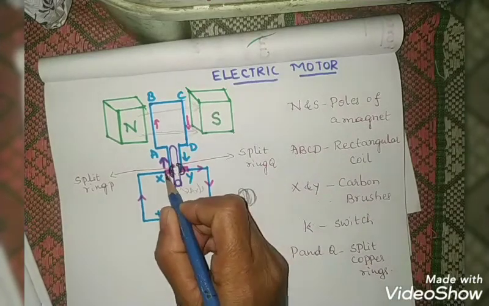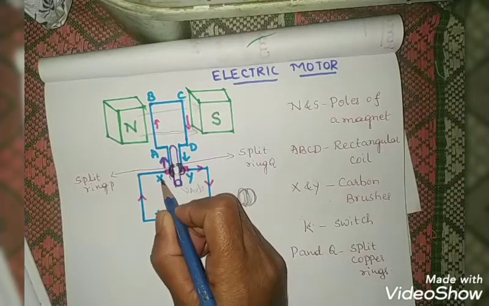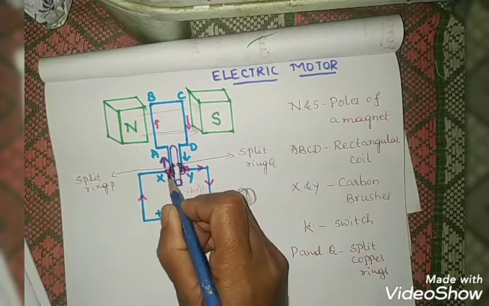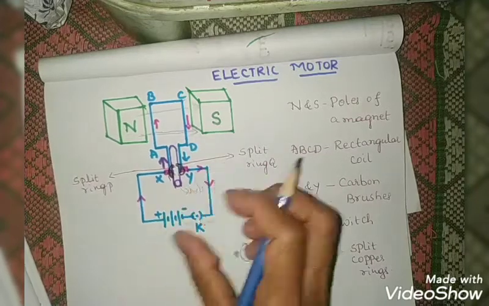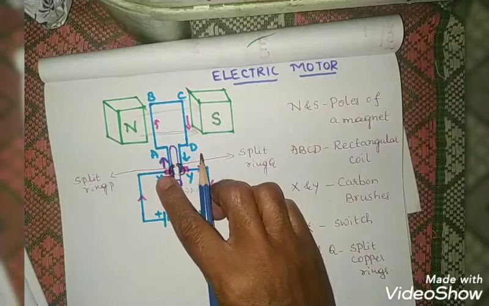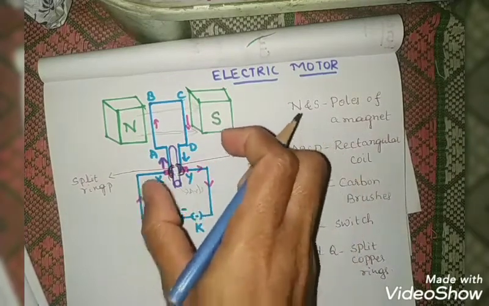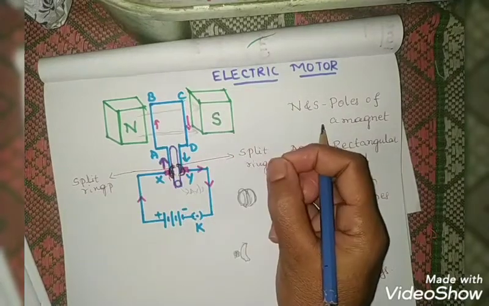Here in pink color, there are two brushes outside, children. You can observe here. They are named X and Y, pink colored. These two are carbon brushes. And these two carbon brushes are not actually attached to the split rings. They simply come in contact with them. That's all.